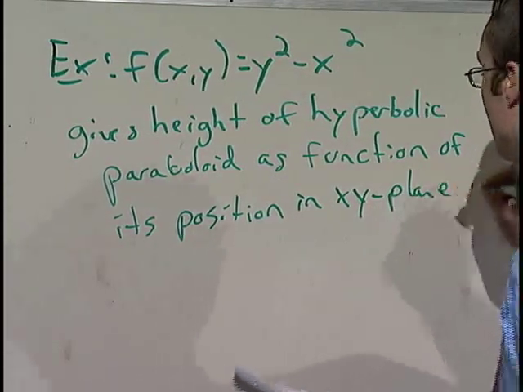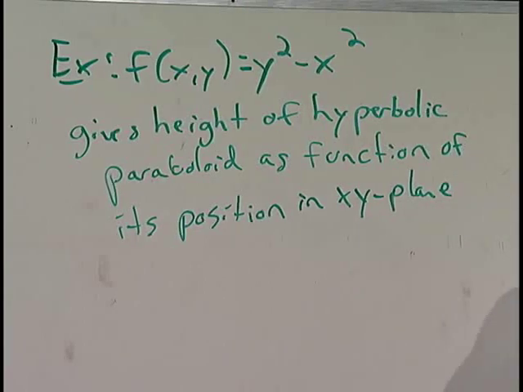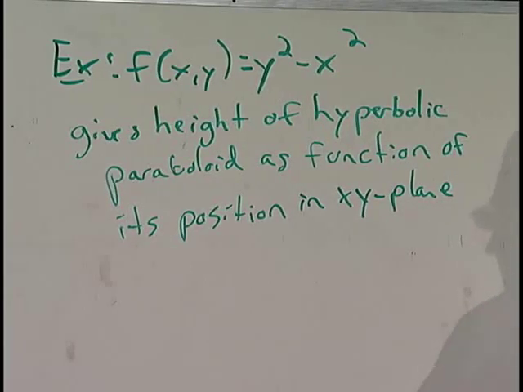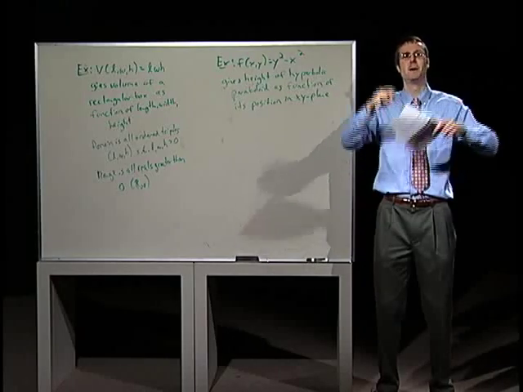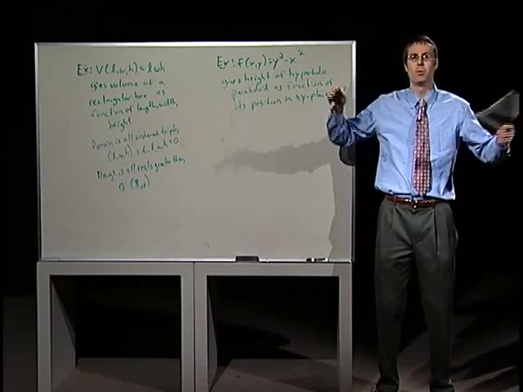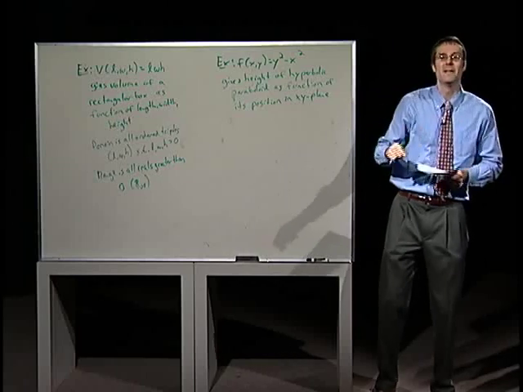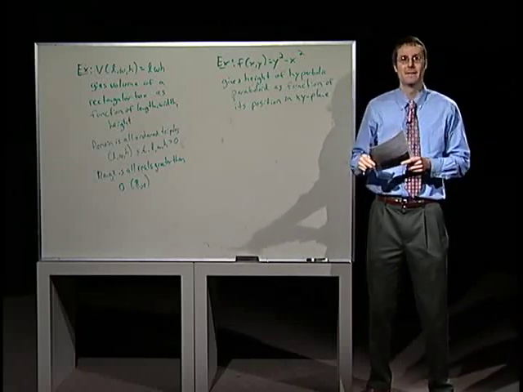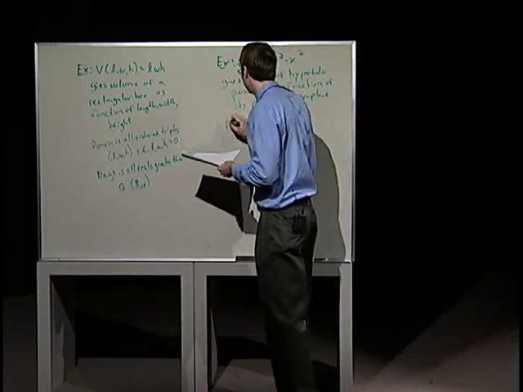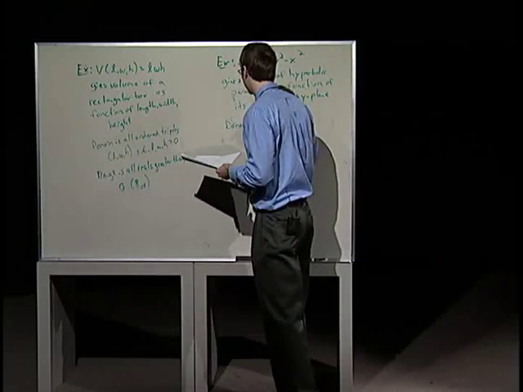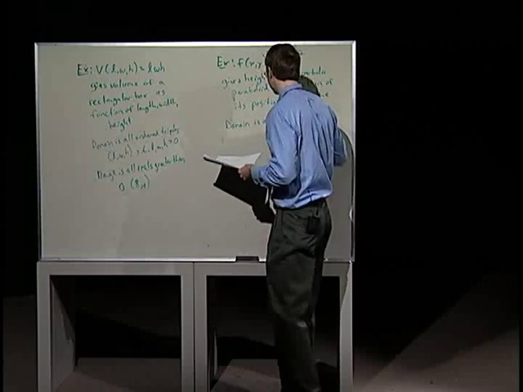So it has some position in the xy plane. There's some point lying in the xy plane. And then the hyperbolic paraboloid is some surface that sits above the xy plane, and some points in it and some points below it. And the height of that surface is always given as a function of its position in the xy plane. Okay? And so the domain here is ordered pairs, x, y.